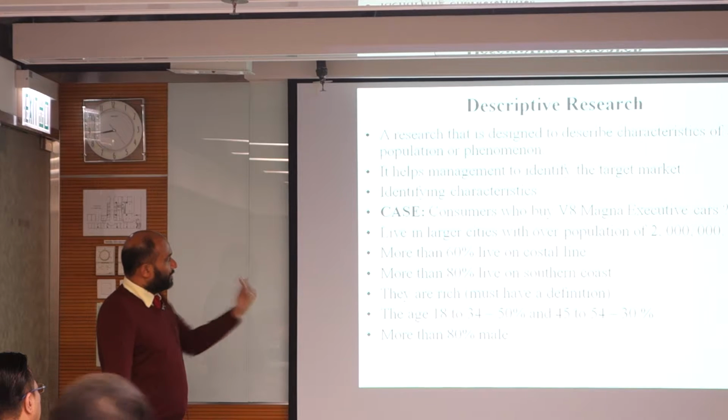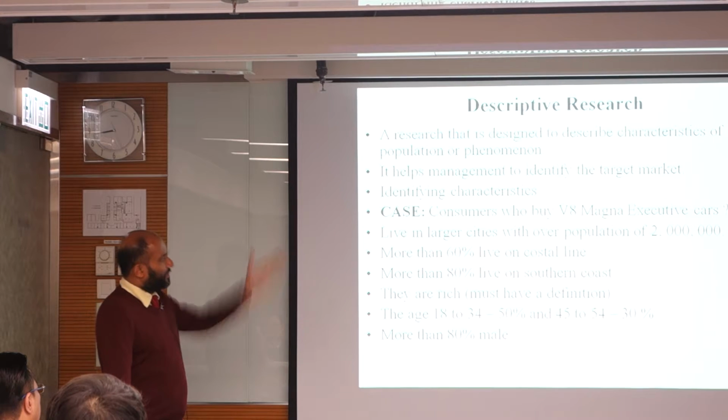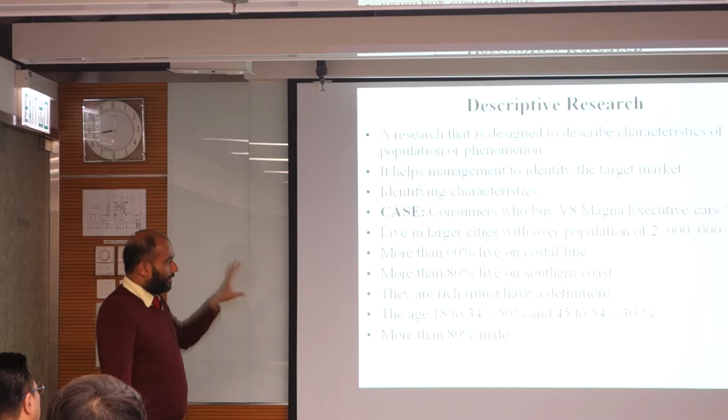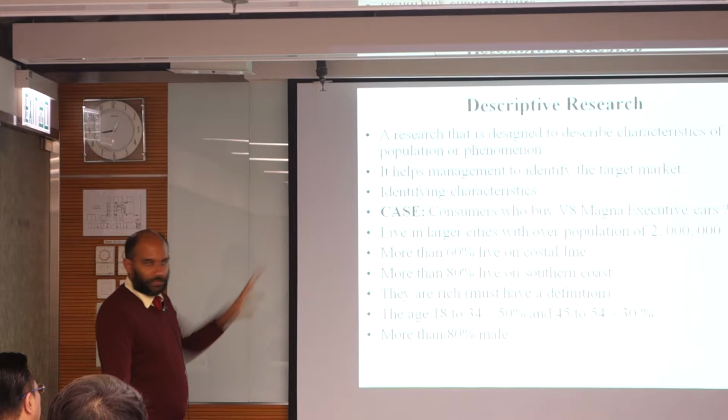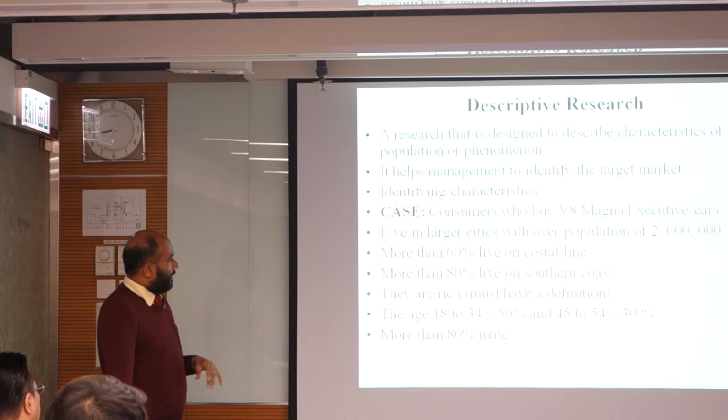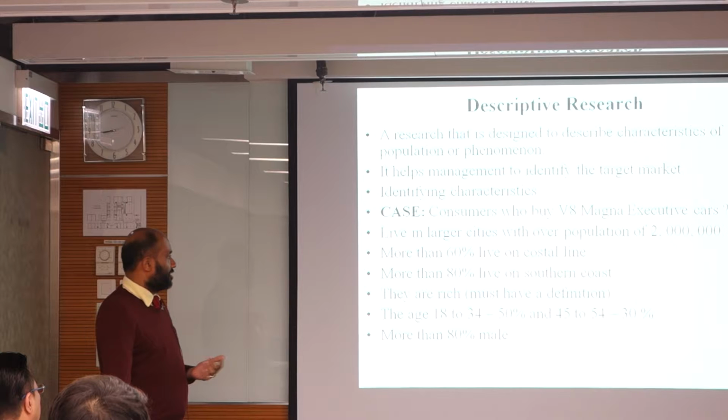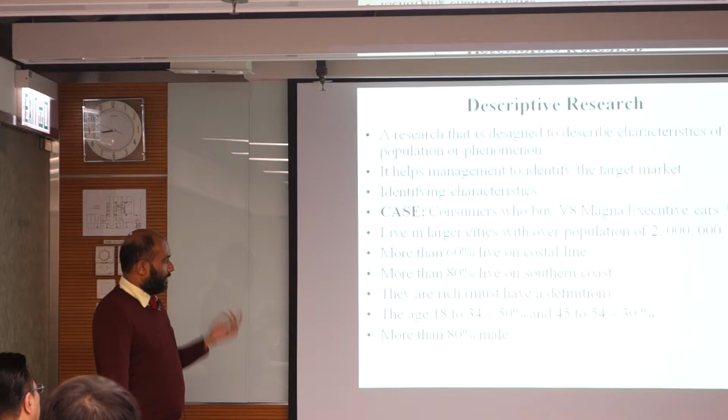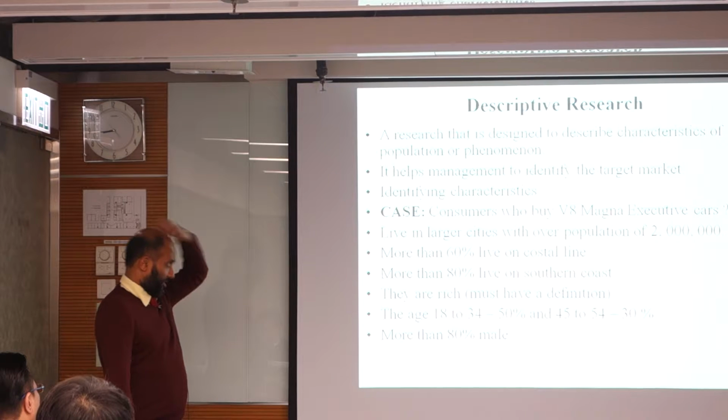More than 80% live on the southern coast. This is again an example, we're talking about Melbourne, and that again gives an idea that this is a rich area. They are rich, and the age range 18 to 34 is 50%, and 45 to 54 is 30%.